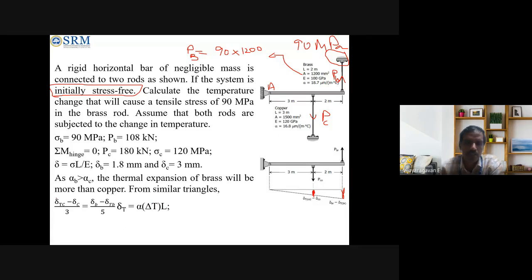That will be this delta C, then minus delta C, which here is 3 mm, so 3 mm divided by 3. That should be equal to delta of brass, which is 1.8 mm, minus the thermal expansion of brass, given by alpha TL. The alpha for brass is 18. Temperature is not known. Length is 2 meters. So equate it and get the value of delta T.